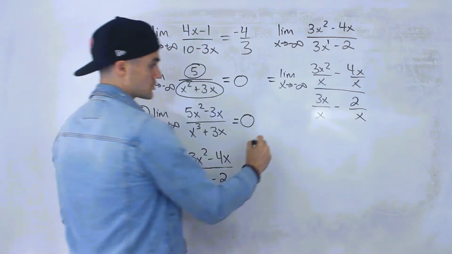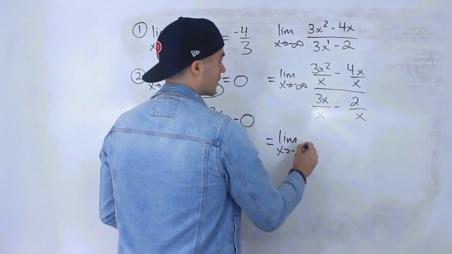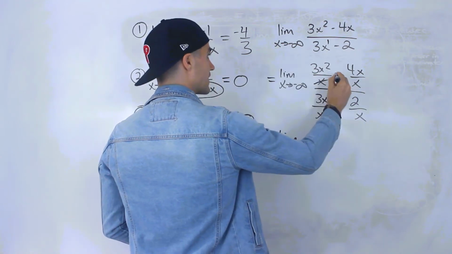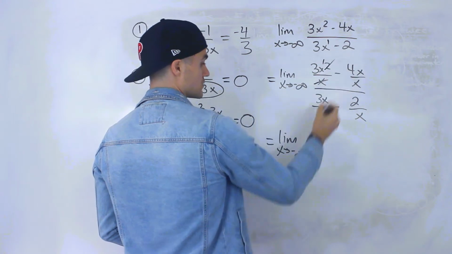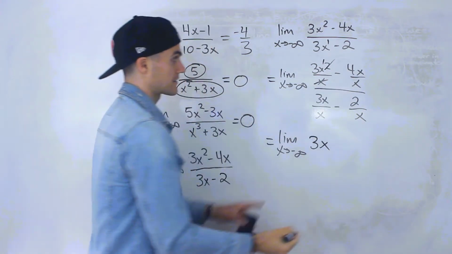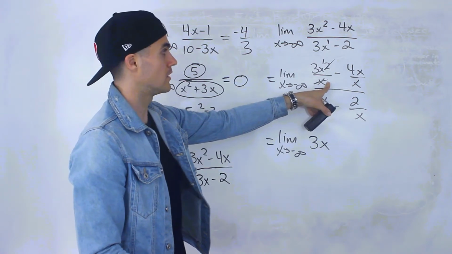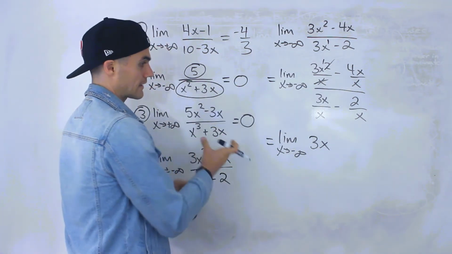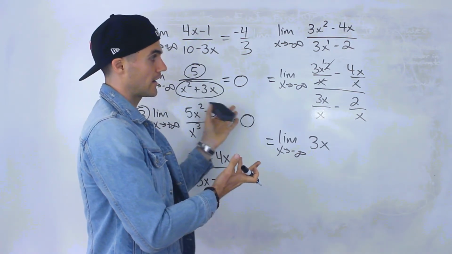And now we're going to simplify these. Notice this x, and then one of the x's up top will cancel out, so we'll be left with 3x for this expression. There's 2 x's at the top, 1 x at the bottom. Right? So before, sometimes we had 2 x's at the bottom, and then 1 x at the top.